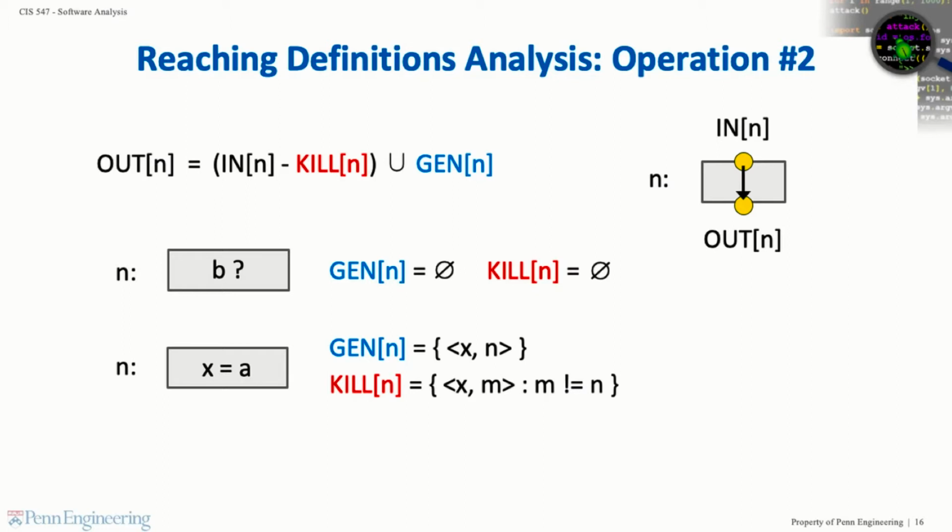The gen set contains the definition of variable x at node n itself, reflecting the fact that this definition is generated by node n. The kill set, on the other hand, contains every definition of variable x except the one at node n, reflecting the fact that all those definitions will be overwritten by the one at node n. We denote this set compactly using set comprehension notation. You can review this notation by following the link in the lecture handout.